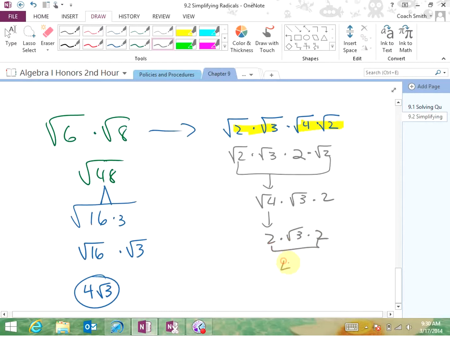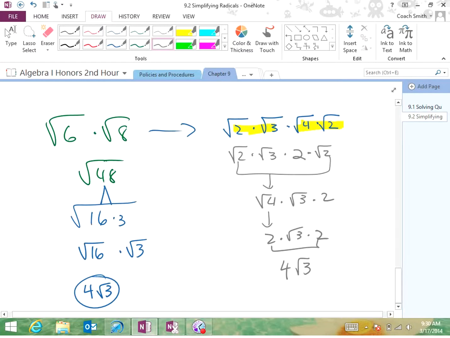Those two go together, 4 times the square root of 3. That's a lot more work than if you see it like we did here. Multiply those two together, 48, and then take the square root of 48 and see that it's 16 times 3.